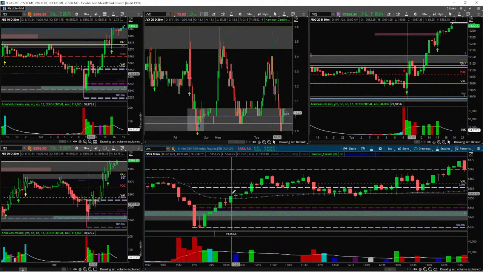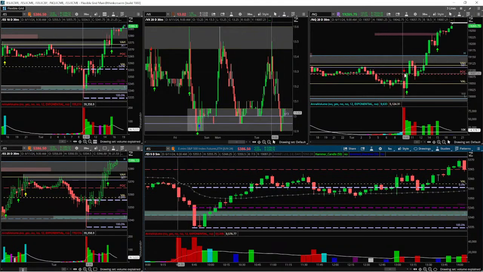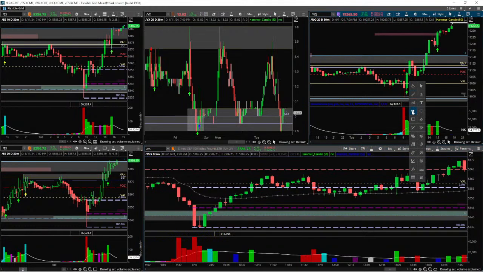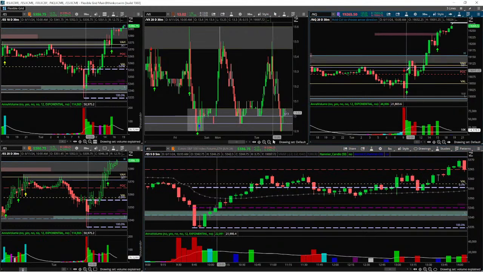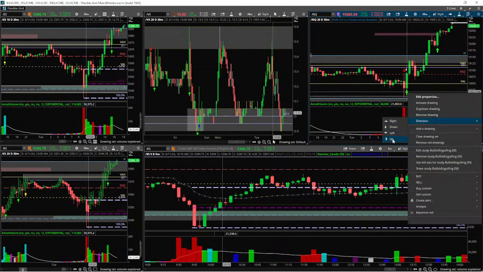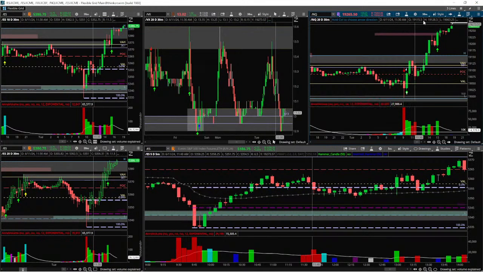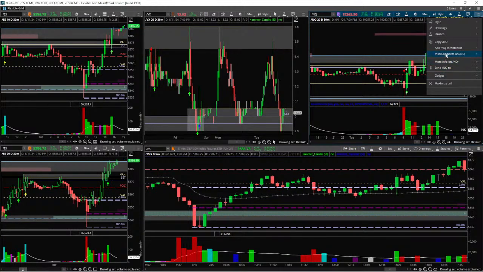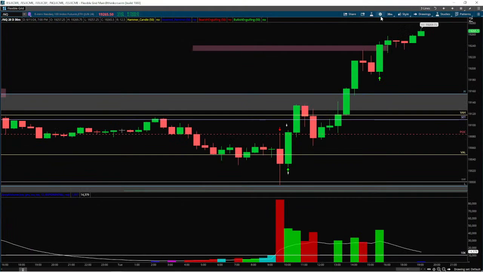So let's reverse engineer some of this price movement. This candle looks like, under Heikin Ashi for NQ, a bullish engulfing candle for me. Let's make this large and get an idea of what it looked like.